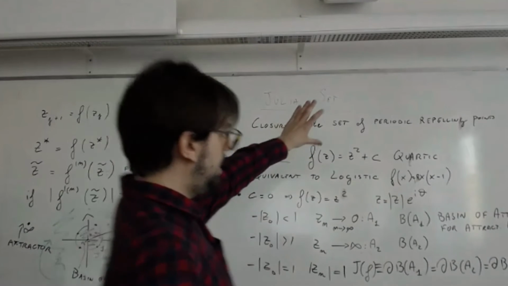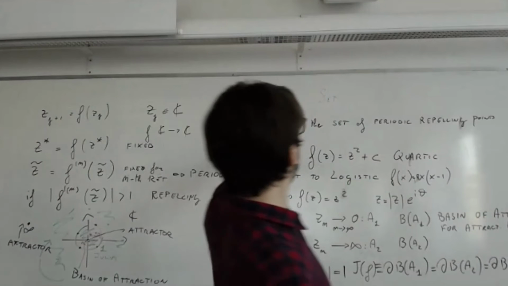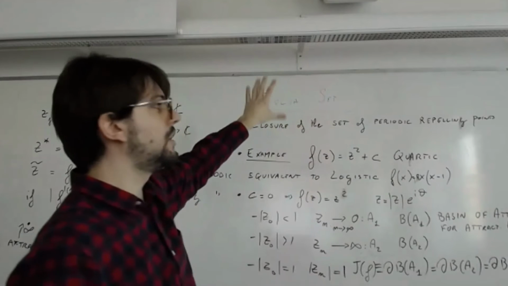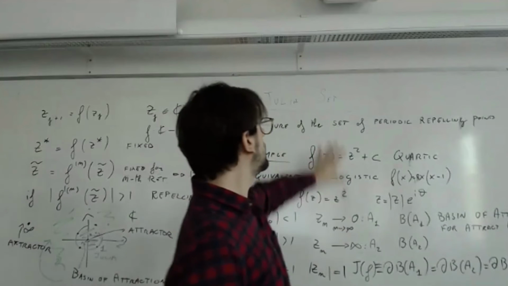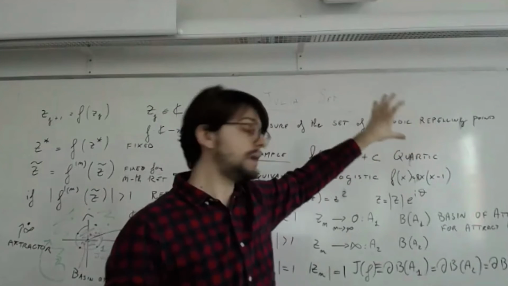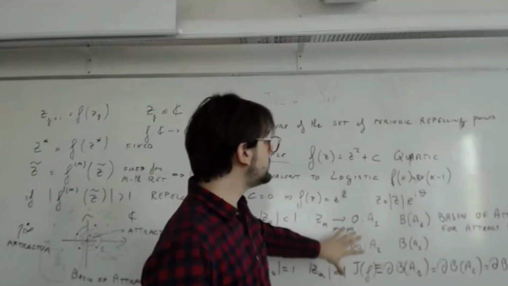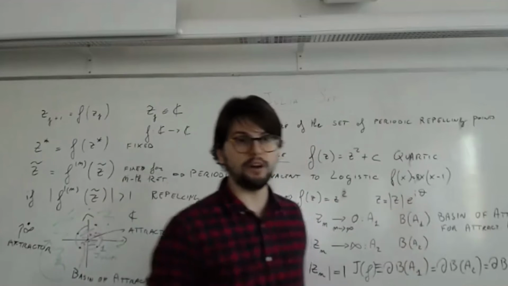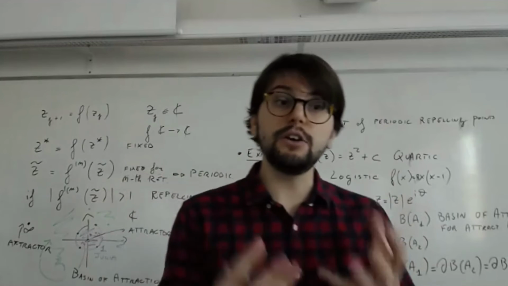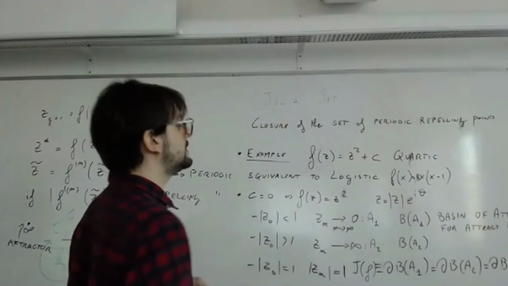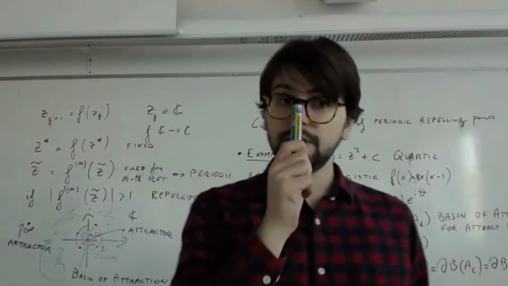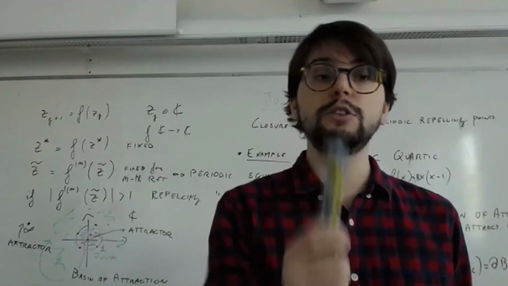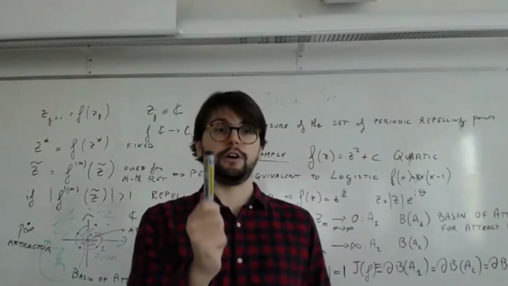Okay, so the Julia set is the closure of all periodic repelling points. The closure of the set of all periodic repelling points is the boundary between different basins of attraction. And this theorem that says that all the basins of attraction share the same boundary gives you an intuition on the fractal nature of the Julia set.